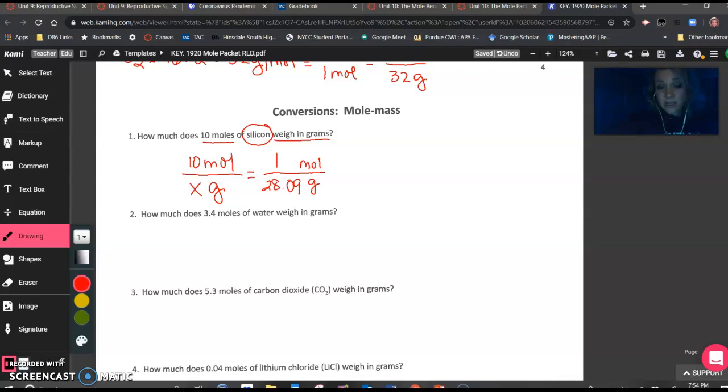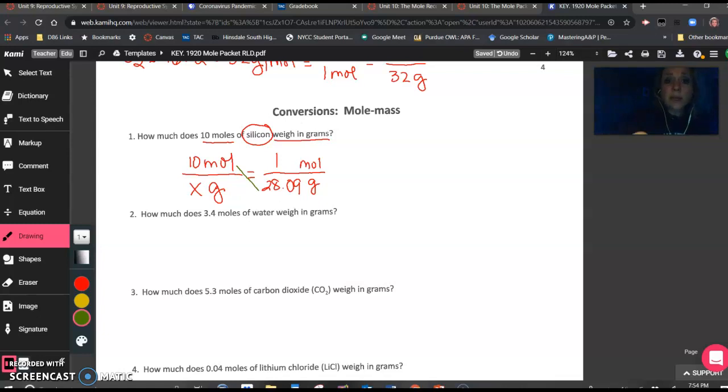So now I've got my entire problem set up, and in order to solve it, I simply need to solve for x. So in order to do that, I need to cross multiply and divide. So I'm going to cross multiply here, 10 times 28.09. Now if you need to punch that in your calculator, go ahead and do so.